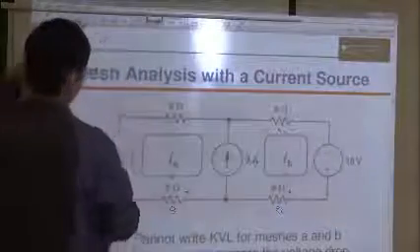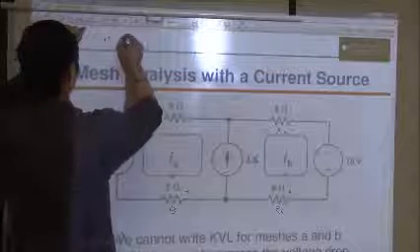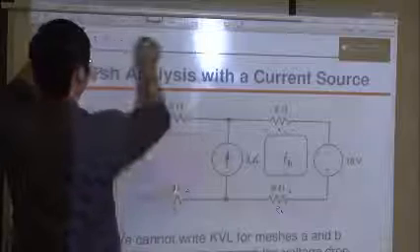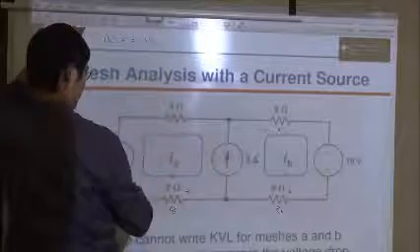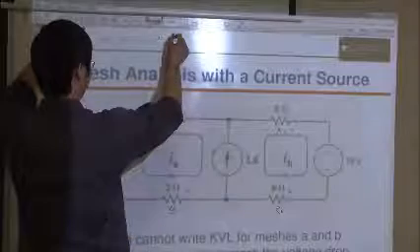So if this is a pure VS, again we can write the KVL of this loop, which is 18 equal to 3IA, plus VS for its drop, plus this one drop, so that's 2IA.